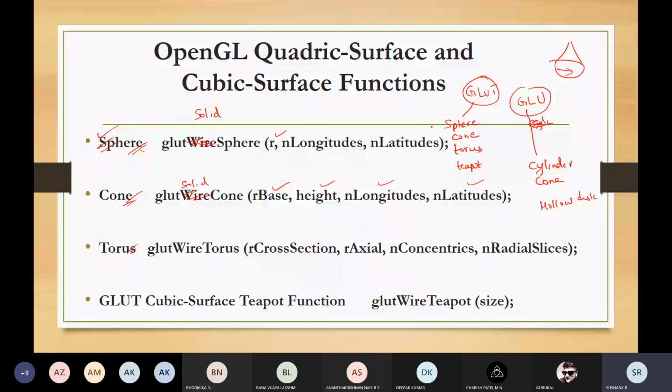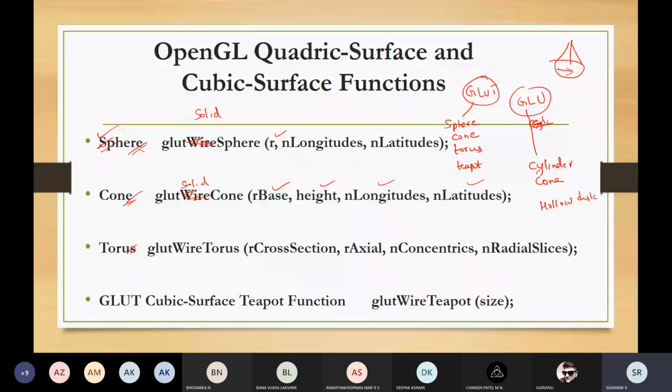After that we have n longitude and n latitude. These give the number of orthogonal surface lines for the quadrilateral mesh approximation, and they take integer values.